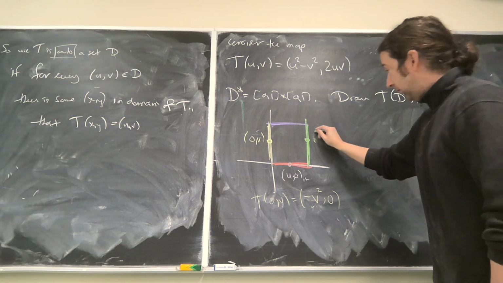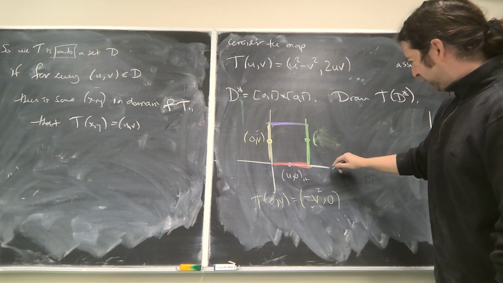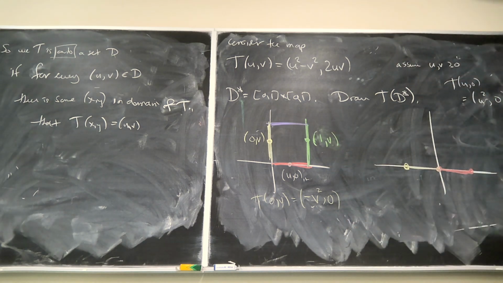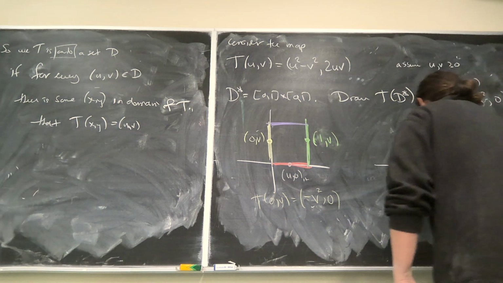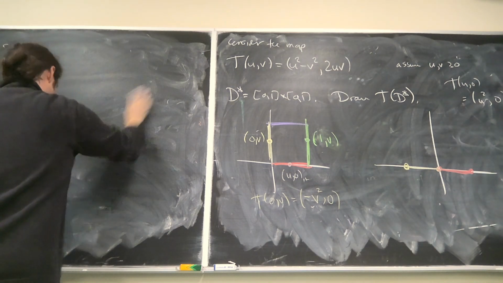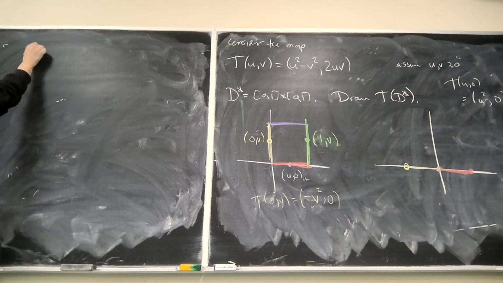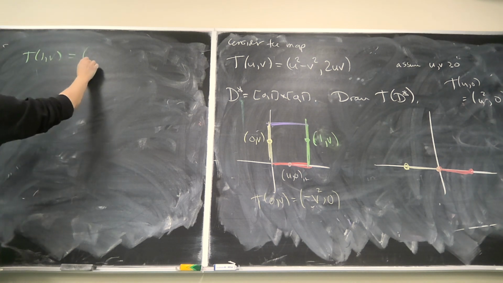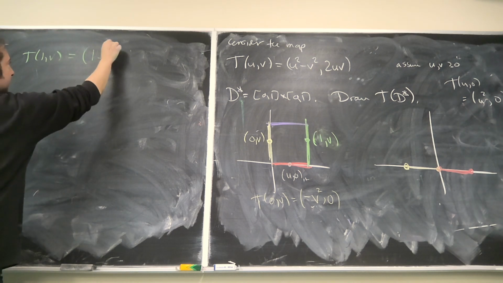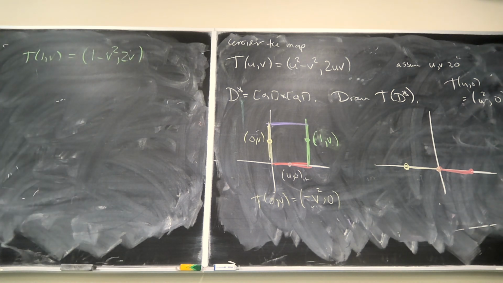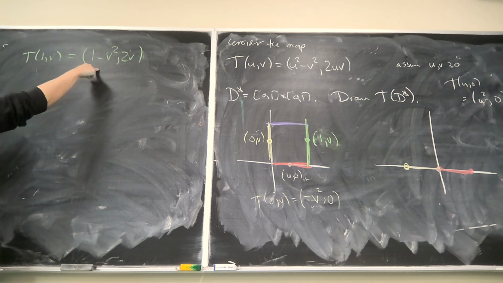This line, all the points on this line have the form (1, v). Let's go look at that. Okay, so T of (1, v) is equal to (1 minus v squared, 2v). So what I'm going to do is work with the parameterized formula here.